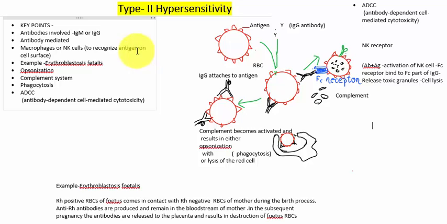It involves the IgM and IgG types. It is antibody mediated. The macrophages and the natural killer cell recognize the antigen on the surface of the RBC. Then the example is erythroblastosis fetalis, and opsonization, as we have discussed, makes the foreign substance more palatable for the phagocytosis process.